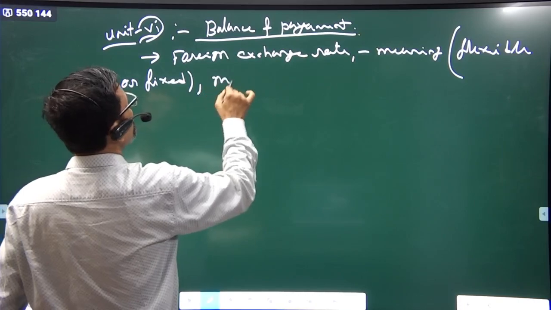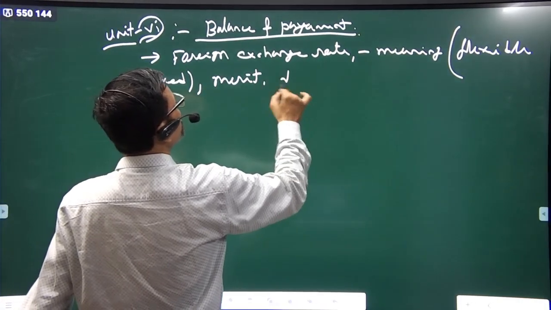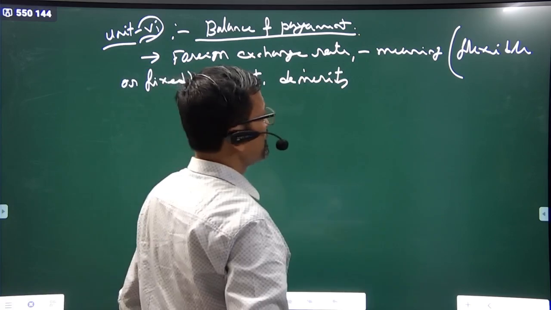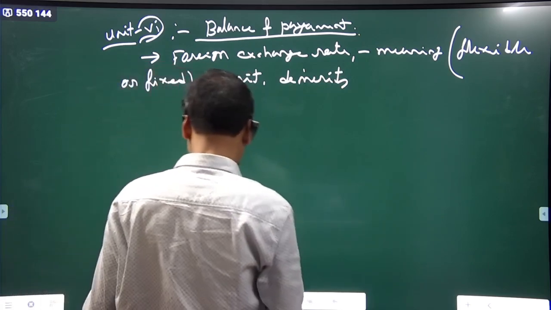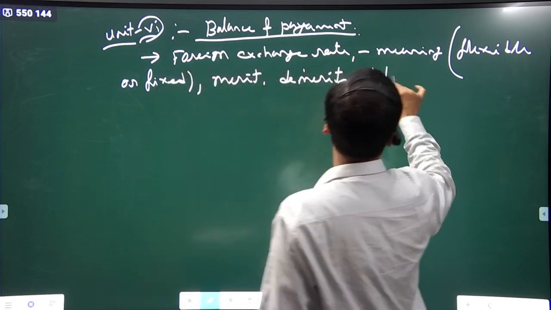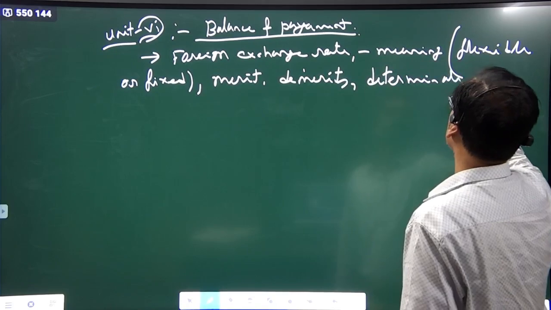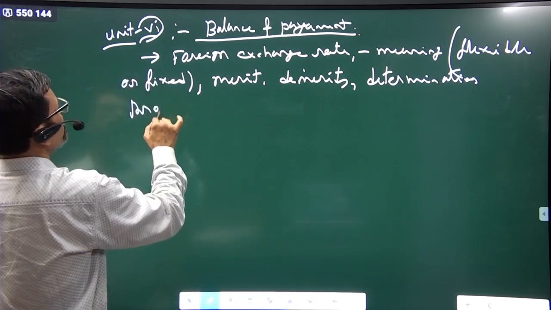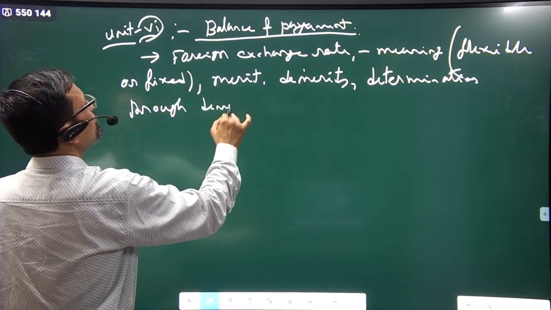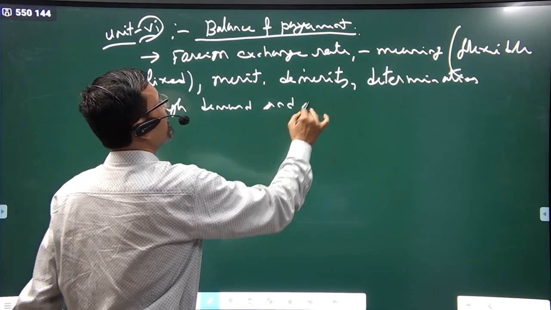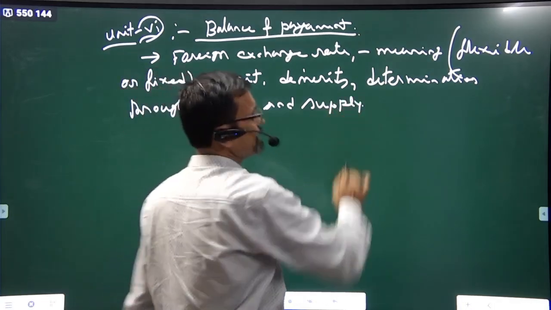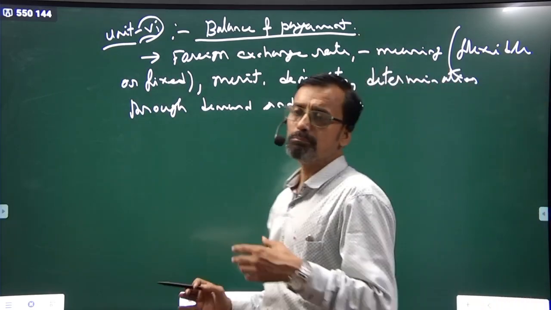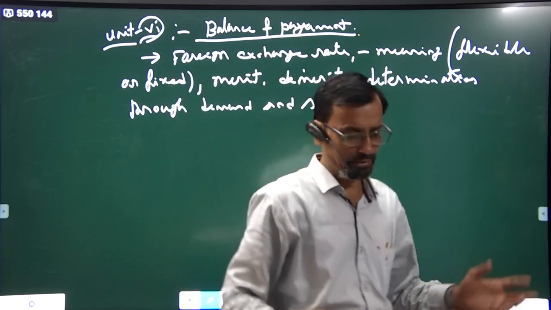Merits and demerits: what are the merits of the flexible system or demerits of the flexible system? Determination through demand and supply, that is, how the exchange rate is determined by the market forces of demand and supply.